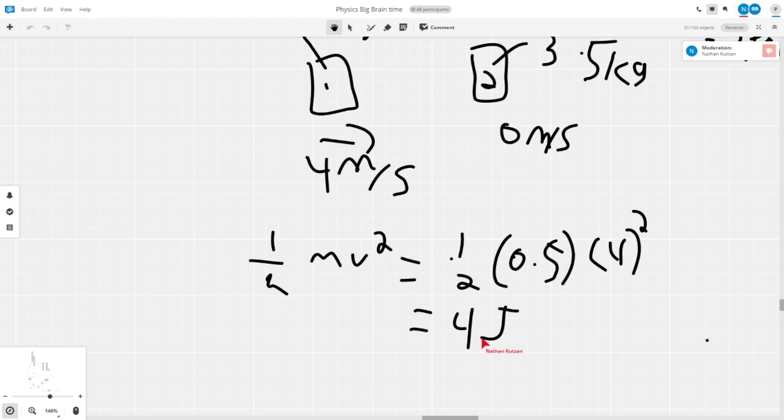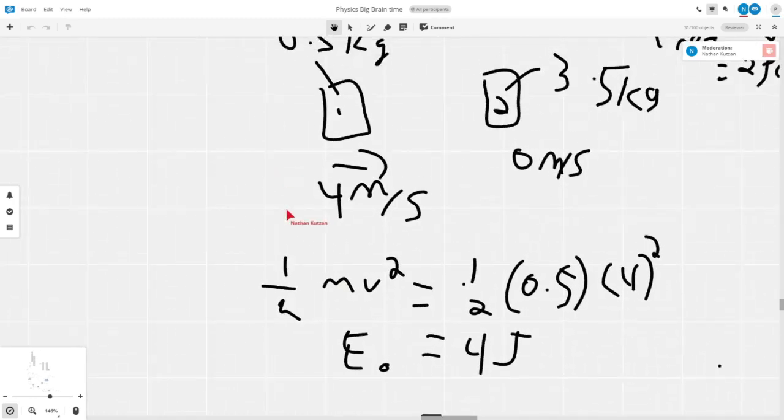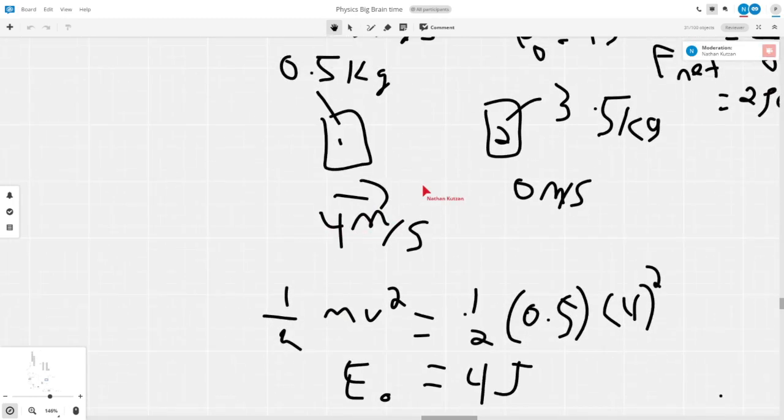Yep. So then the other piece is that, remember, momentum is also conserved. So again, what is the initial momentum of the system? So that's going to be energy naught, and then momentum naught. What is the initial momentum of the system? So let's just start with this box because it's easiest.